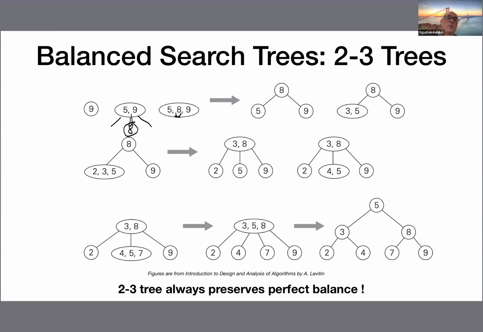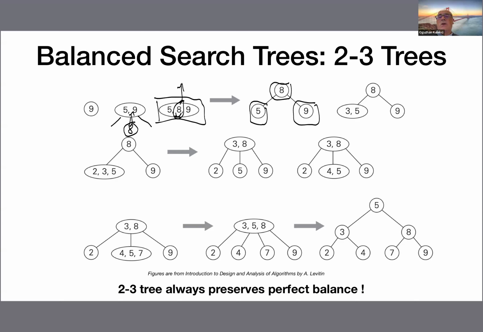So I would like to promote it to the parent. Once I promote it to the parent, I see I have another problem. I cannot have 3 keys at a node. I can have only 1. So that is why this one is promoted up. There was nothing else other than this node, so that becomes the root node. And now I have 5 here and I have 9 here. Perfect. It's perfectly balanced. I keep going.